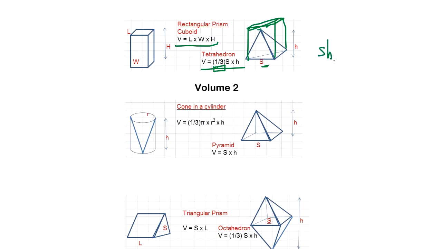But since it's shrinking to a tetrahedron, it becomes 1/3.